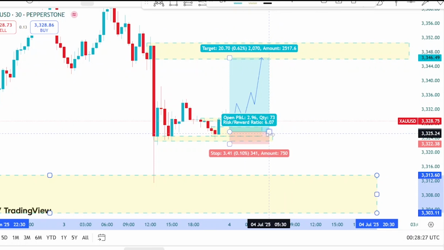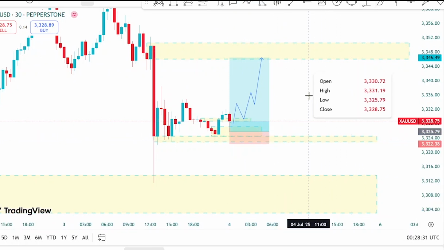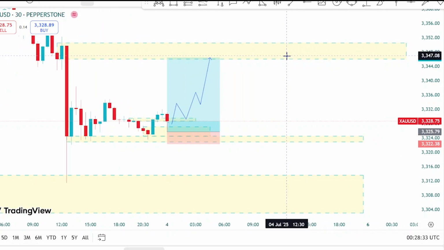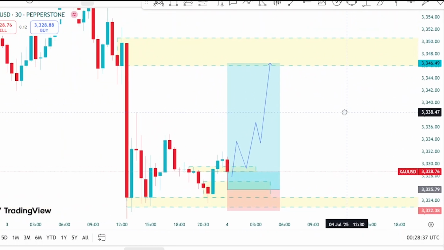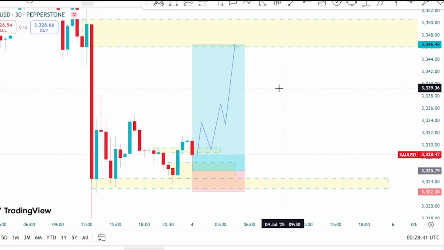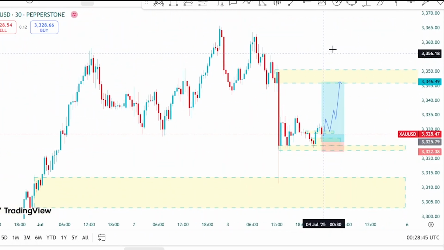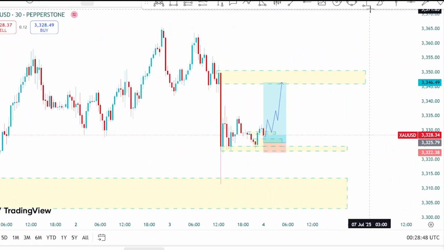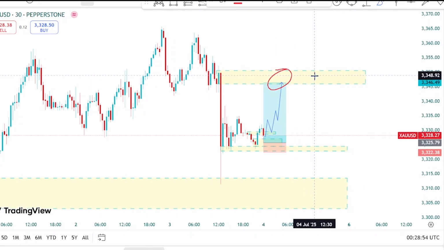And even if we stay above this area, after rejecting from here, that's where we're going to decide which position to go with between sell or buy. So that's what I'm expecting from gold. I'm expecting that we cover this area, then from this area take a short.